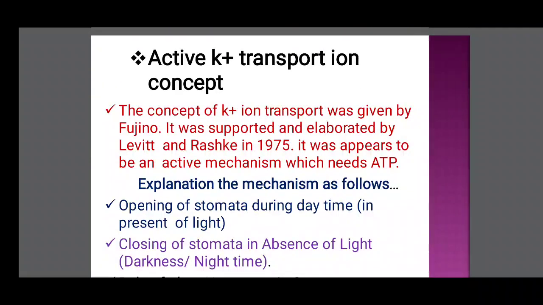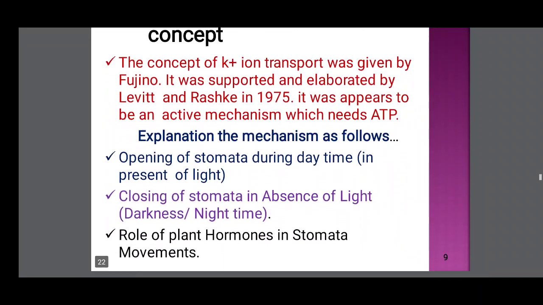The concept of potassium transport was given by Fujino. It was supported and elaborated by Levitt and Raschke in 1970. It appeared to be an active mechanism which needs ATP.